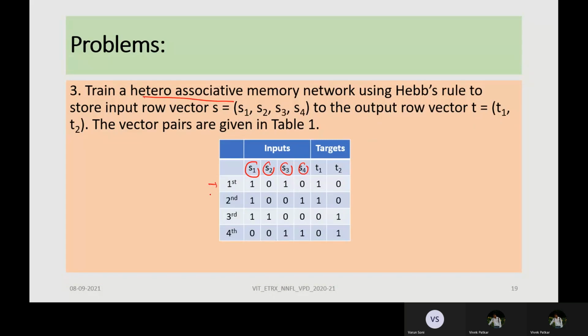These are the four patterns, and they have four features, and these are the corresponding target vectors. So take down the question. Let me know once you've taken down, so I will show you the solution.